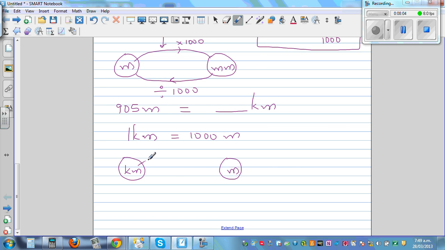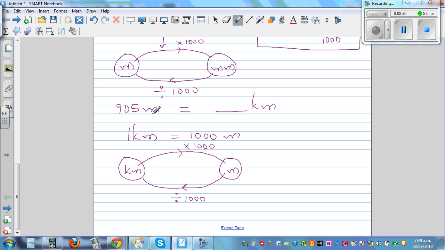One picture is equivalent to 1,000 words. So this is kilometers to meters, so you have to times this by 1,000. If you want to go the other way around, from meter to kilometer, you have to divide by 1,000. Once you keep drawing a few of these pictures, you don't even need to draw this. You know whether you have to multiply or divide, and that's the main problem.